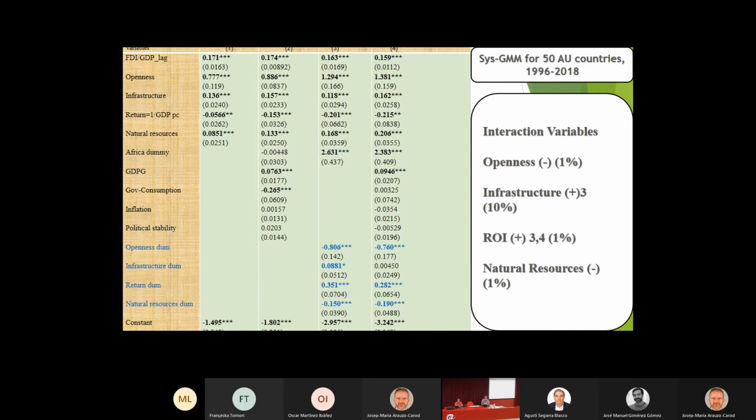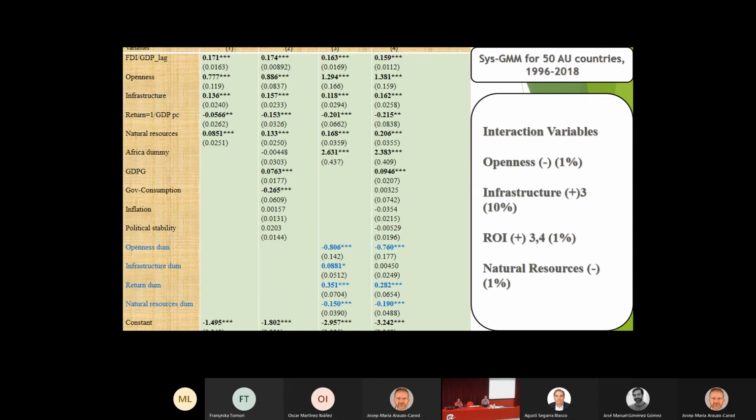The third slide, interaction variables. Here we see openness, infrastructure, natural resources, and ROI. Openness here is negative at 1%, infrastructure positive in column 3 at 10%, return on investment positive in columns 3 and 4 at 1%, natural resources negative at 1%.